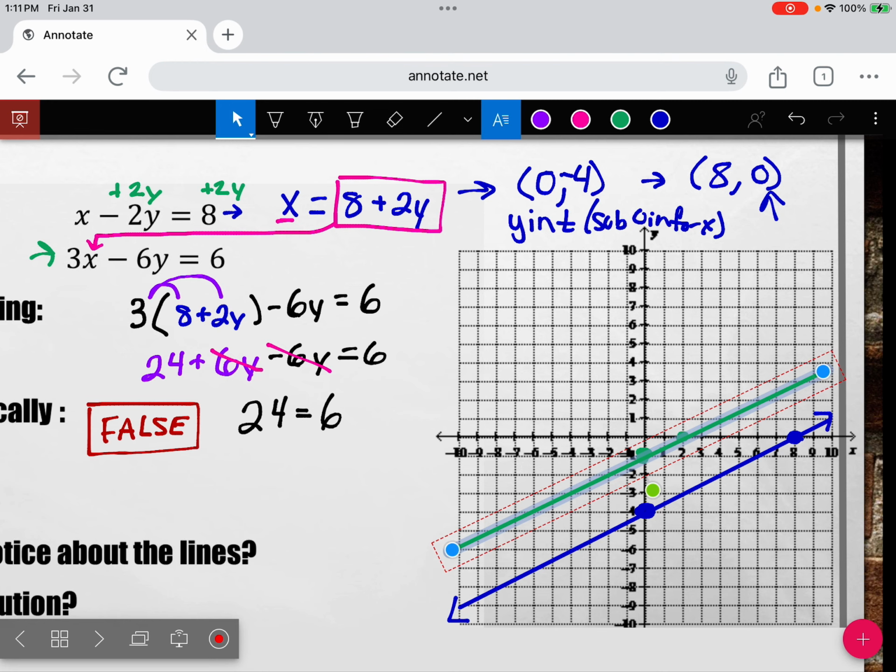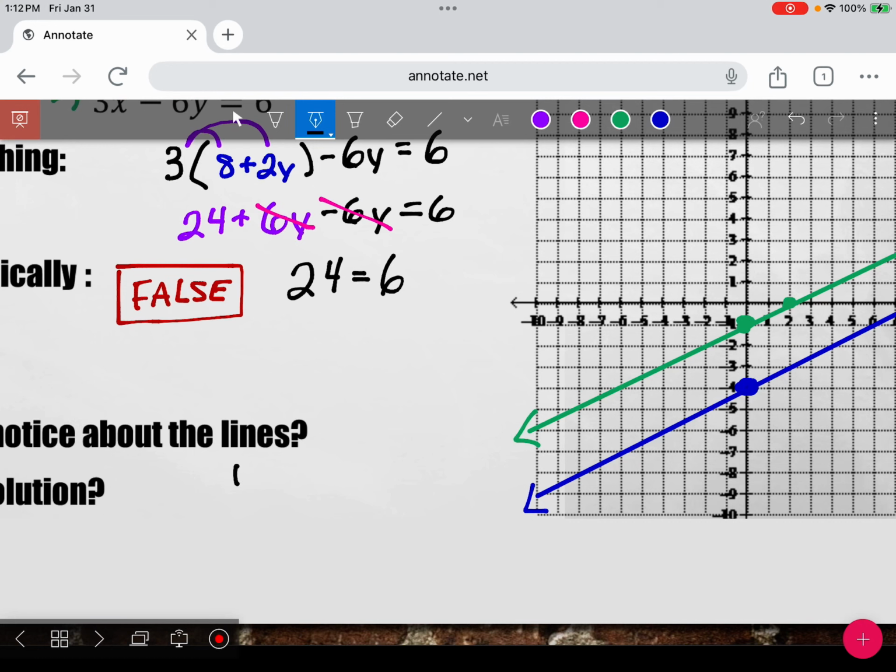You can also just switch these into slope-intercept form and go from there. I will practice that one for us on the next one. We'll get them into slope-intercept form and look there. But what we're seeing here is we're winding up with parallel lines. So what's our solution?